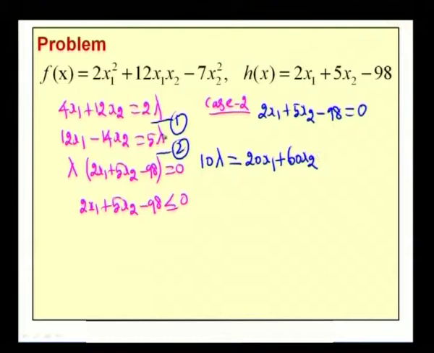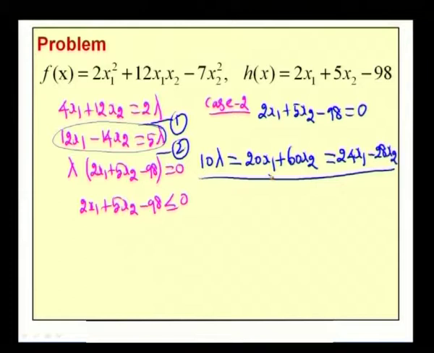Now, by multiplying equation 2 by 2, we get 10 lambda equal to 24x1 minus 28x2. So, with the help of equations 1 and 2, we have 10 lambda equal to 20x1 plus 60x2 equal to 24x1 minus 28x2.